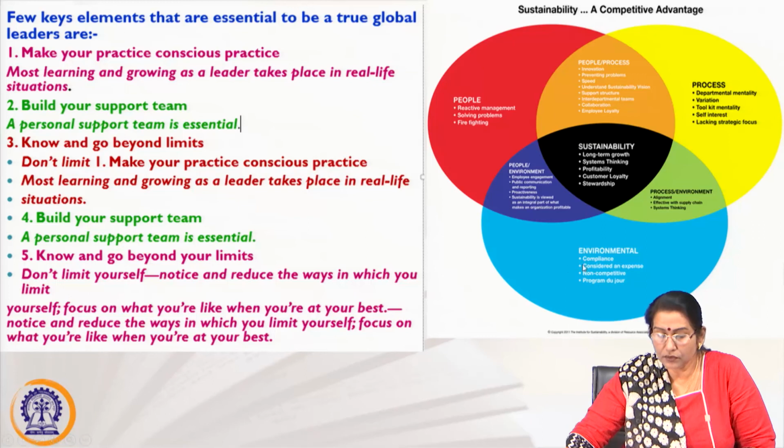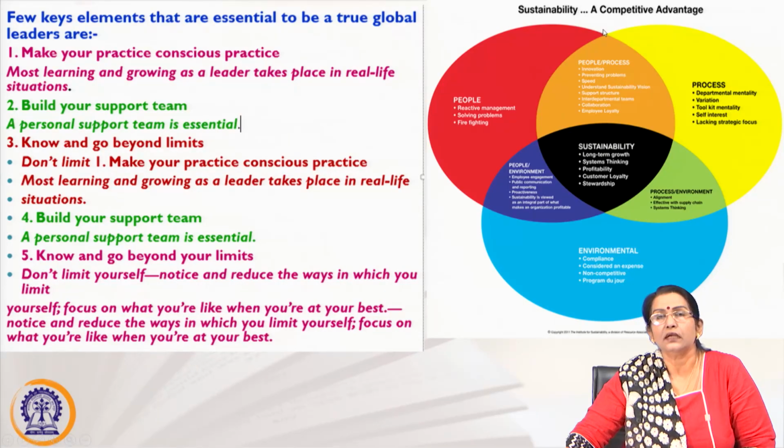Environmental attributes like compliance programs, non-competitive environment, these are the things. Then people and environment, this is the interface of people and environment. This is the interface between environment and process, and this is the interface of people and process.